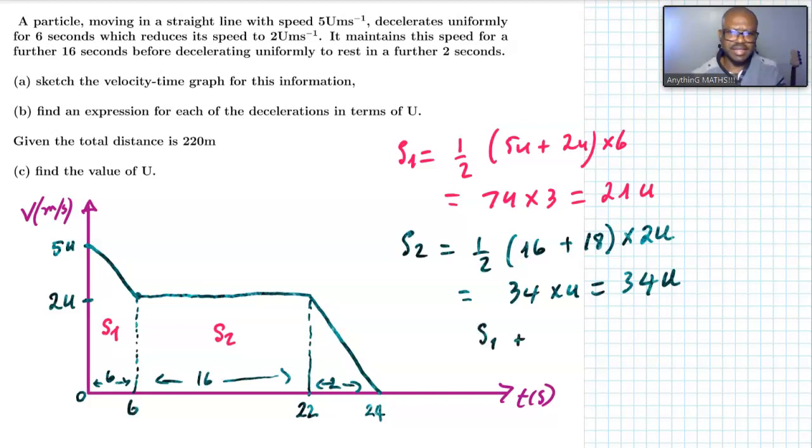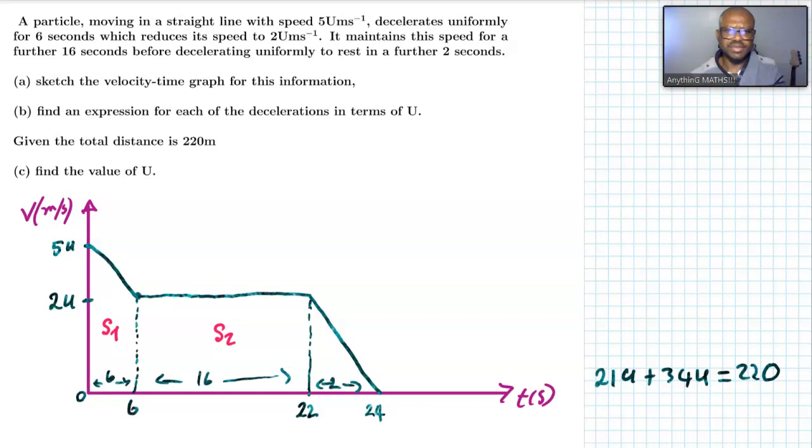From the question, x1 plus x2 is given by 220. And therefore, it means 21u plus 34u should be equal to 220.